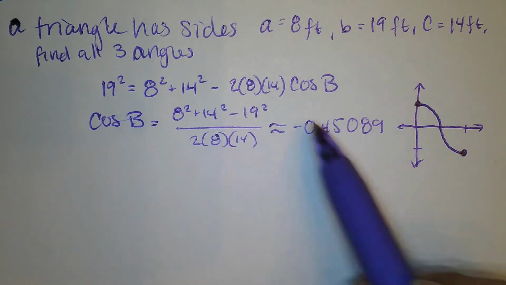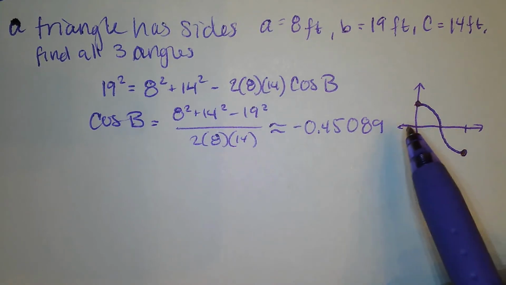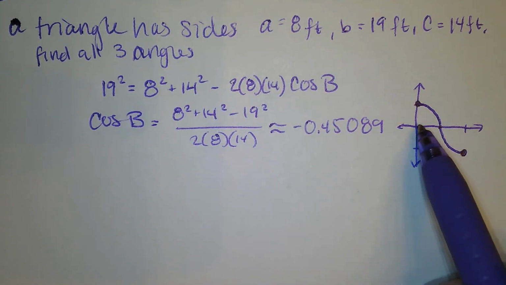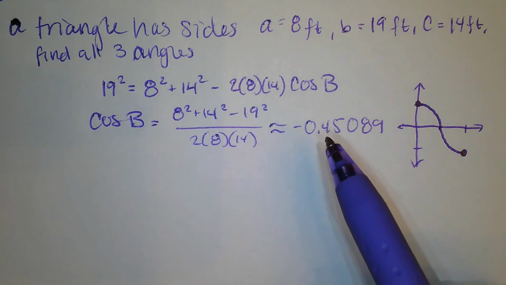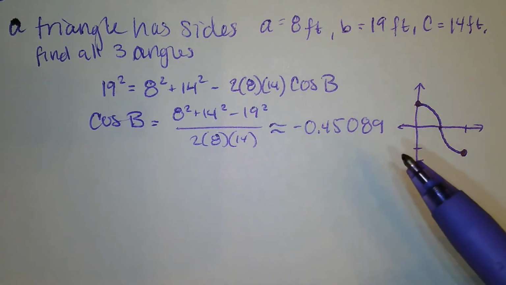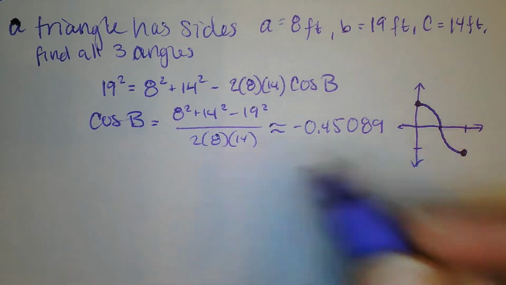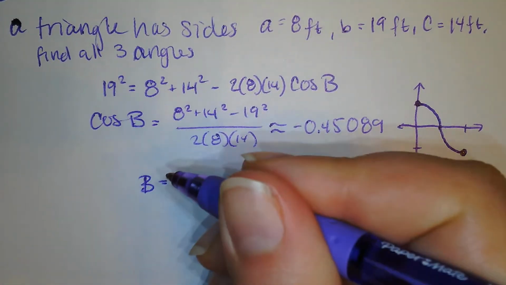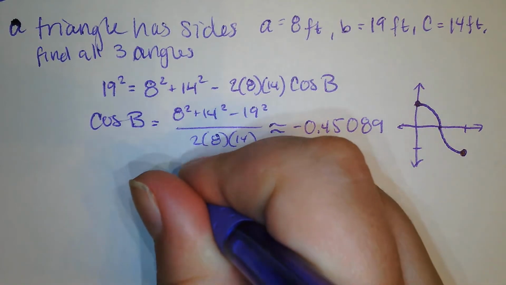If cosine is equal to something negative, it's going to be an obtuse angle, because this is pi over 2, so this is 90 degrees. This is before 90 degrees, and this is after 90 degrees. You can see positive versus negative. So we can see now that this is going to be obtuse. Anyhow, you do the arc cosine, and we would find that B is equal to 116.8.